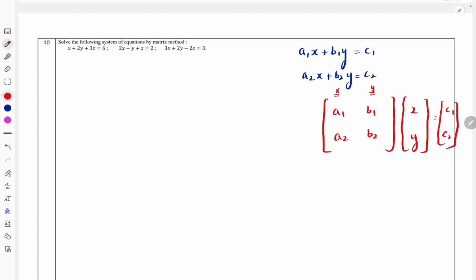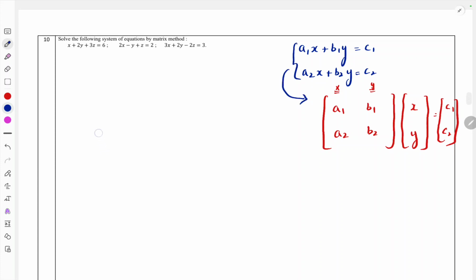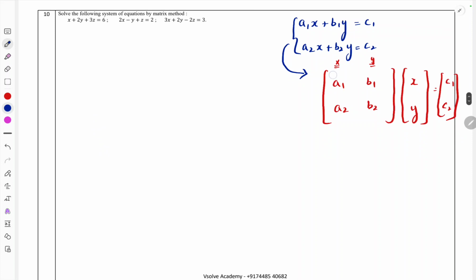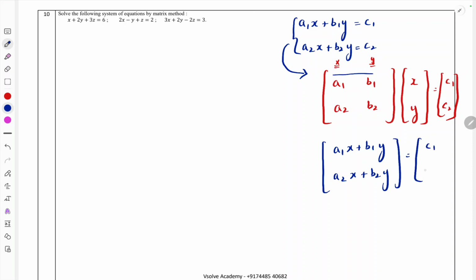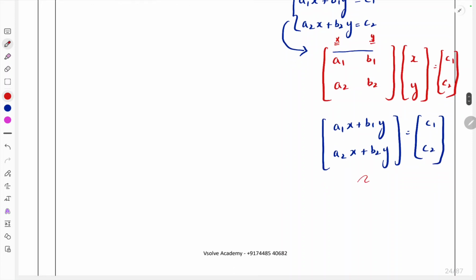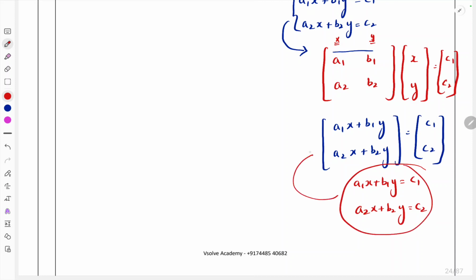Now whatever we have in these two simultaneous equations, this can be written like this. If we see here, if I multiply the first row first column, I'll get a1x plus b1y, and second row first column a2x plus b2y, and here I have equal to c1, c2. If two matrices are equal, then their corresponding elements are equal, which means a1x plus b1y equal to c1, a2x plus b2y equal to c2. So this can be written like this.